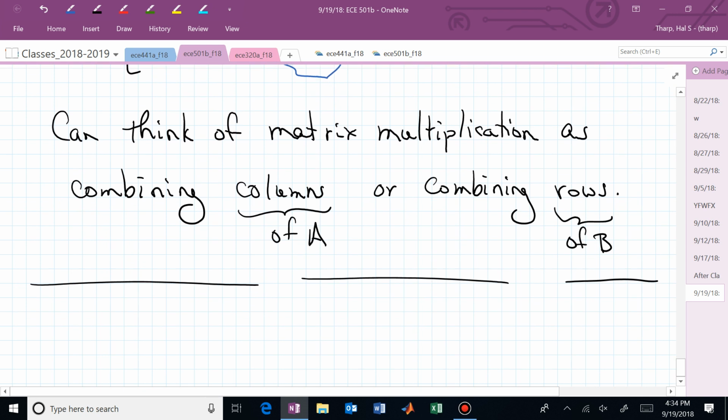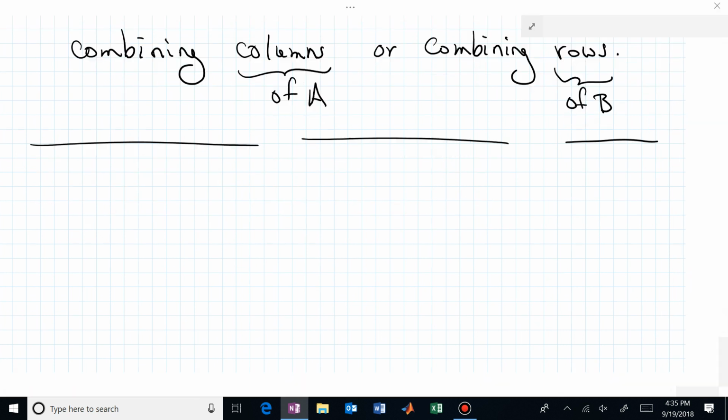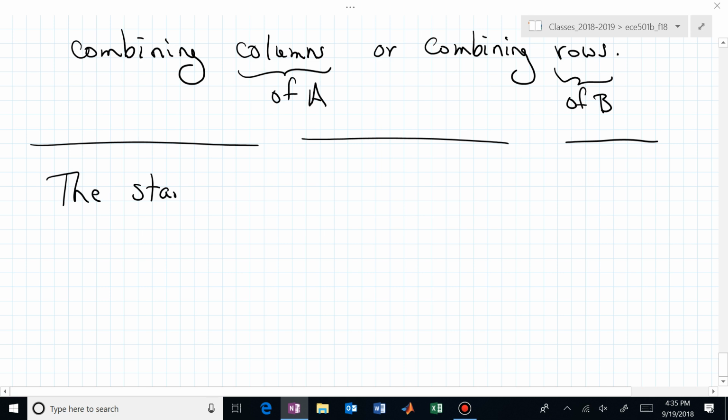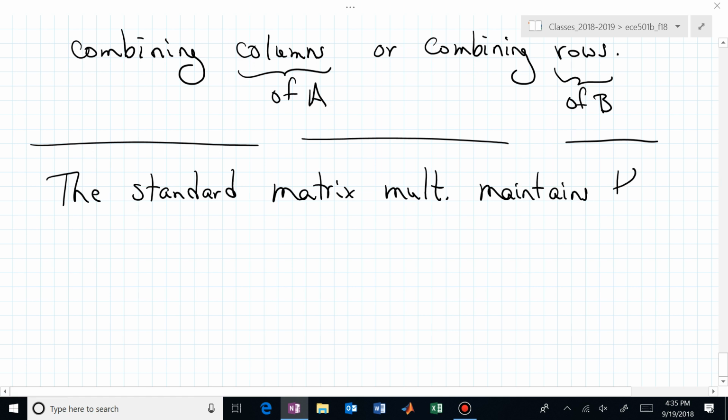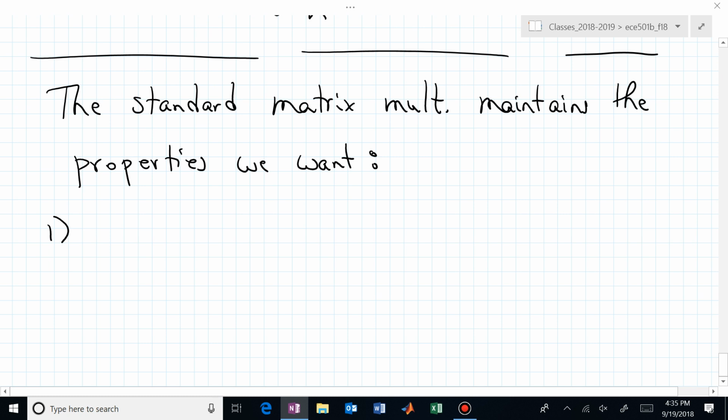All right. So now let's continue a little bit with the standard concepts of matrix multiplication. The standard matrix multiplication maintains the properties we want, and that is really compatibility.